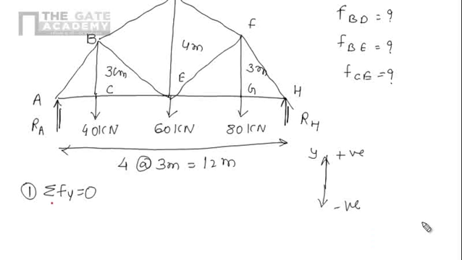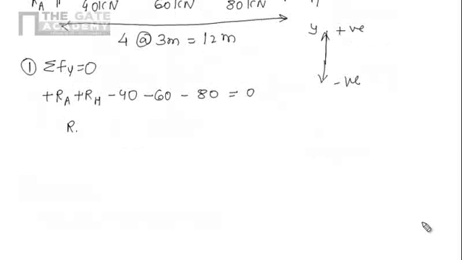So RA and RH are acting in an upward direction, so we are having plus RA plus RH, and the 40 is downward, so negative. 60 is downward, so negative, and 80 is downward, so negative. It will be 0. So in this way we can write RA plus RH equals 180 kilonewton. This is the first equation we get.